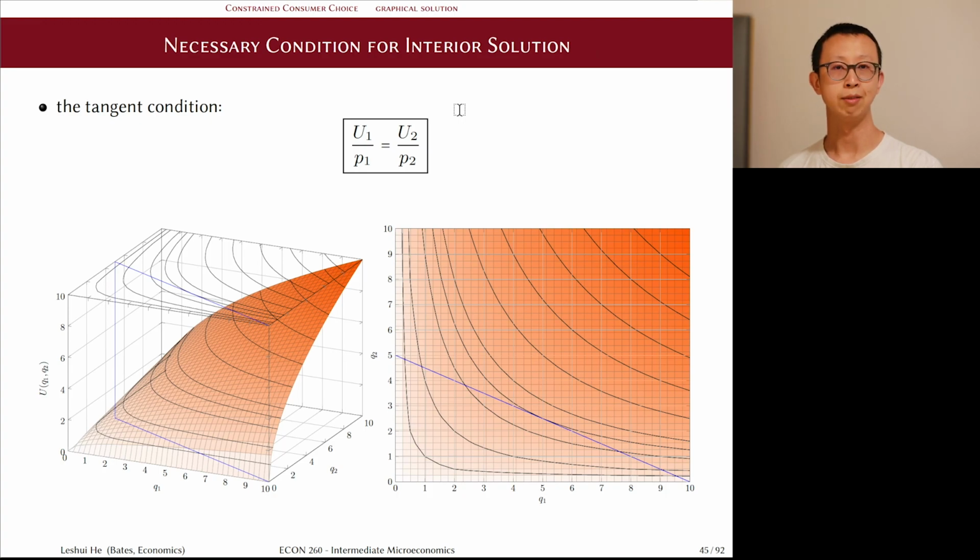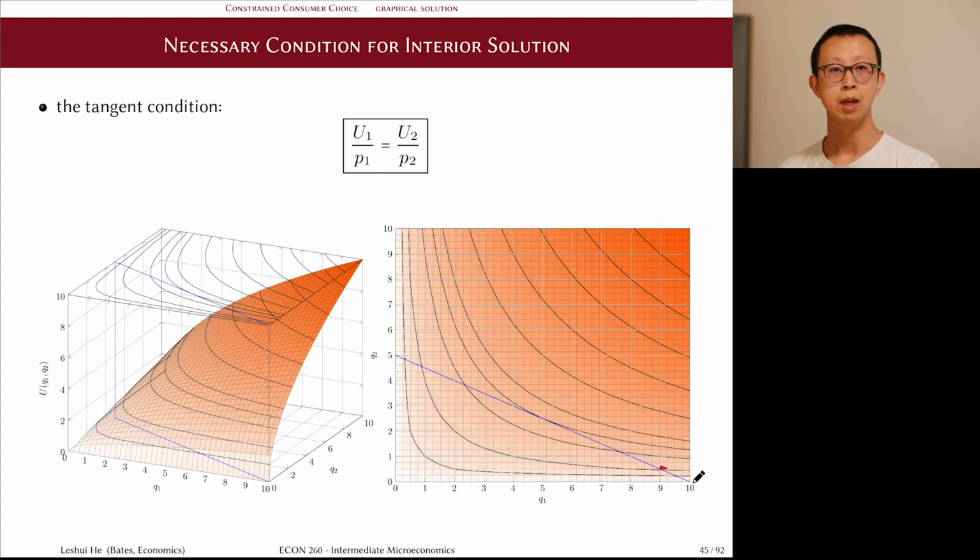Let's look at our graph again. And let's pick a point on the budget constraint. Let's say here. At this point, we have a lot of Q1 and very few units of Q2. In other words, we already have a lot of expenses in good 1, but very little in good 2.